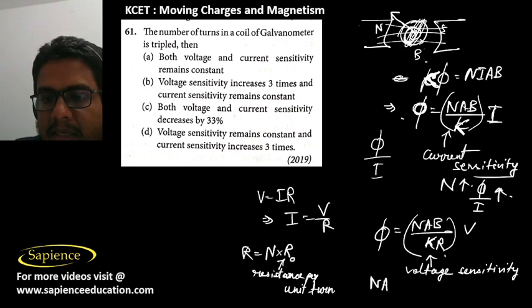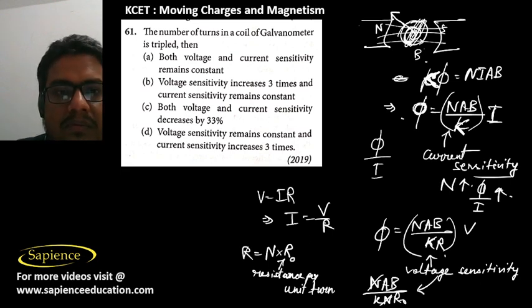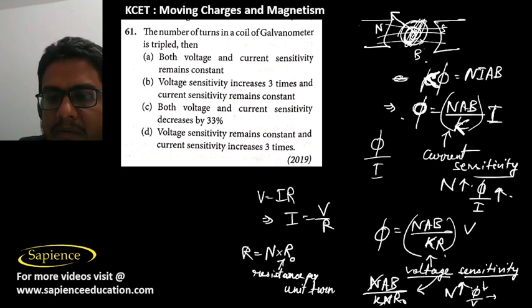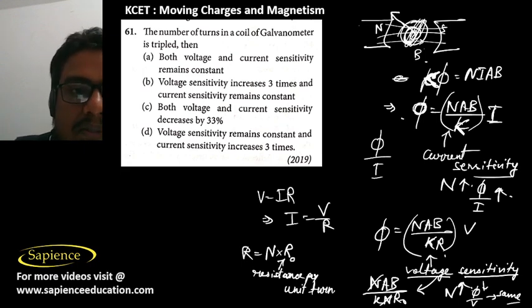So NAB by K into N R naught, N and N cancel. So the voltage sensitivity is independent of the number of turns in the coil. If the number of turns is increased, the voltage sensitivity phi by V will remain the same. So only the current sensitivity will increase.